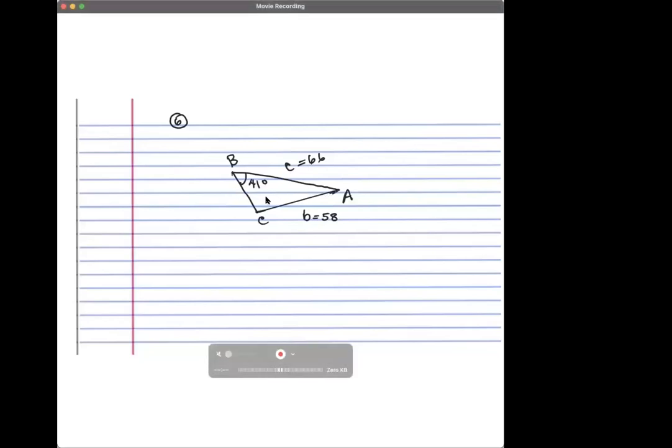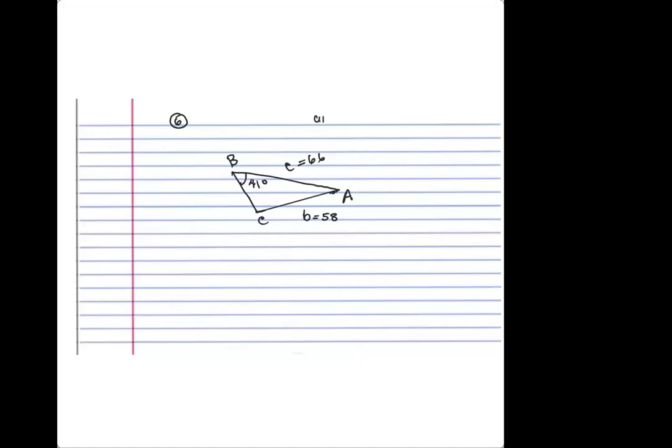All right, so the first thing I would look for is that I have an angle and a side opposite. So whenever I have an angle and a side opposite, you want to look for the law of sines.